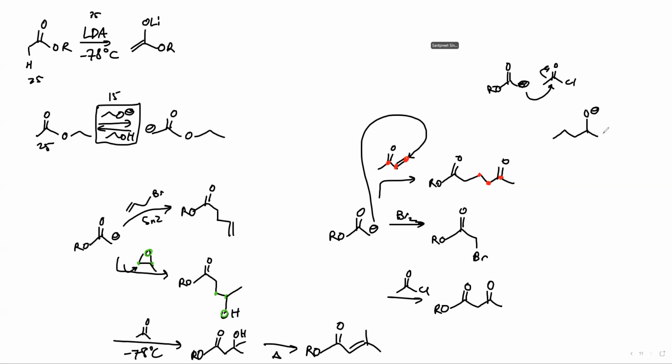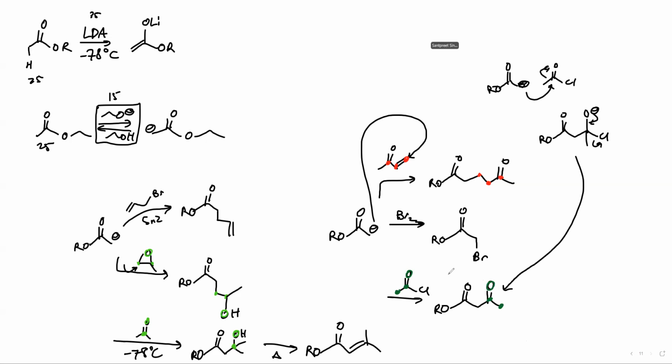And remember, when that O- forms, what's immediately going to happen? It comes down and kicks off that Cl, and what we get is this product here. So we can actually acylate enolates as well.